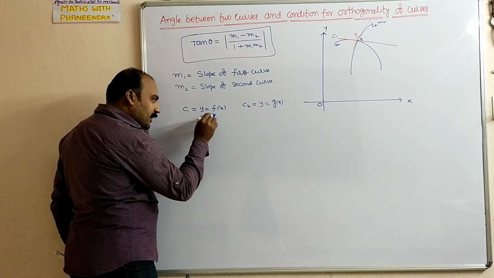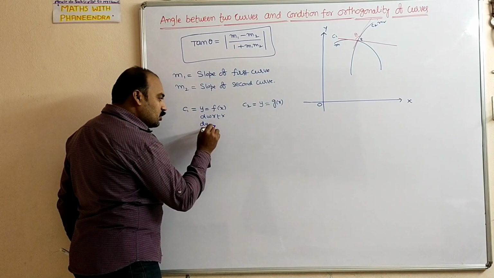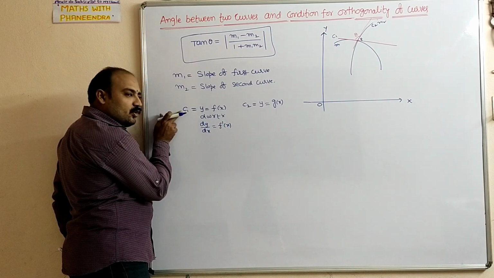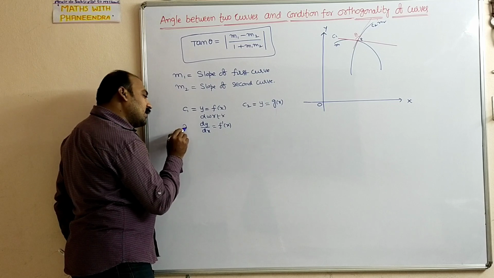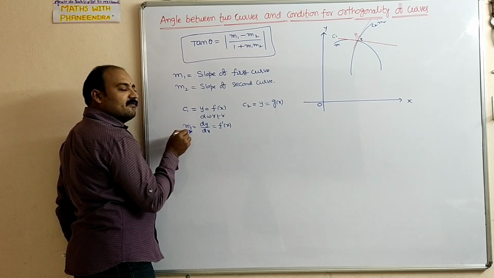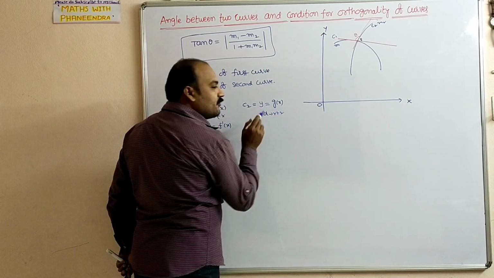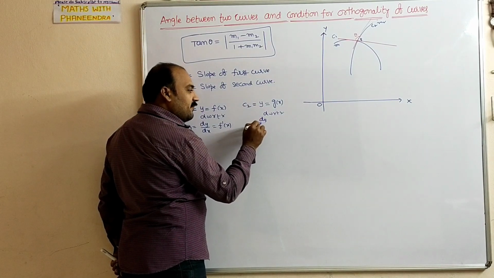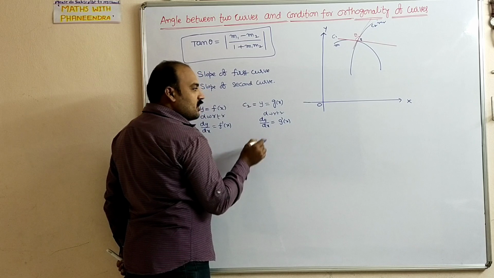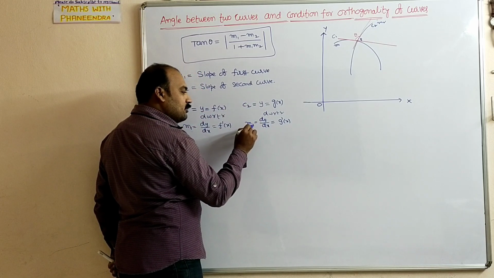Differentiate with respect to x: dy by dx is equal to f dash of x. This dy by dx is related to the first curve, so I am assuming the slope of the first curve is m1. Similarly, differentiate the second curve with respect to x: dy by dx is equal to g dash of x. This is the slope of the second curve, so I am assuming m2.